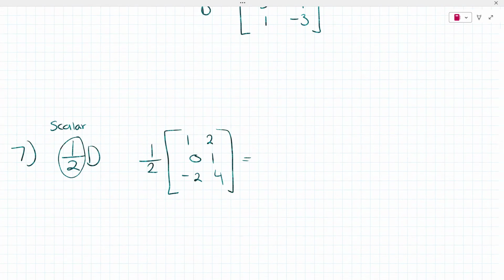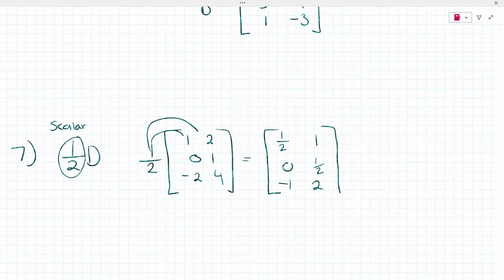When you multiply this by 1/2, 1 times 1/2 is 1/2. 1/2 times 2 is 1. 1/2 times 0 is 0. 1/2 times 1 is 1/2. 1/2 times -2 is -1. 1/2 times 4 is 2. There you go.